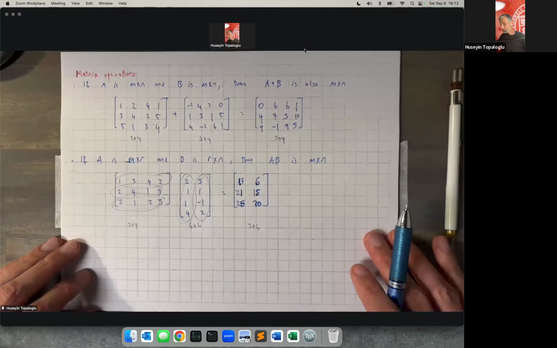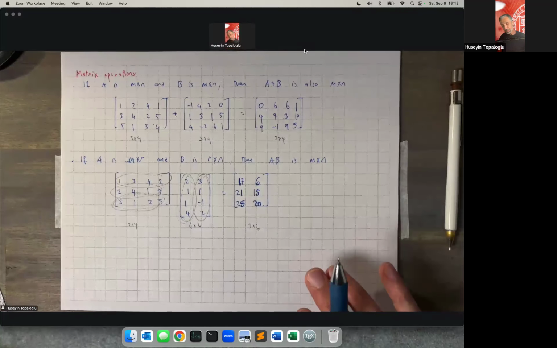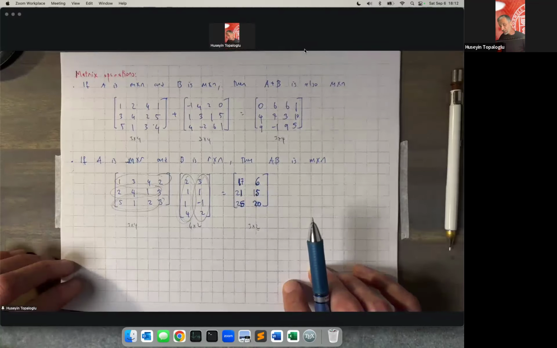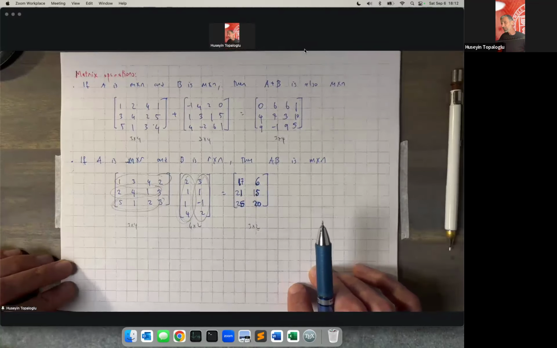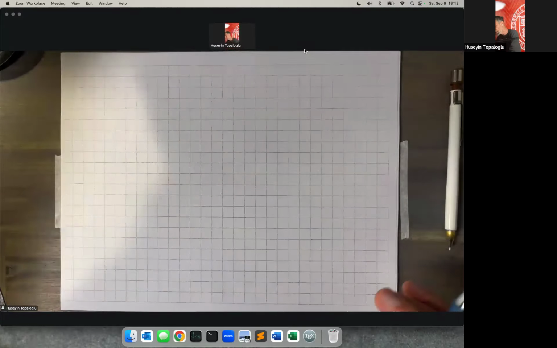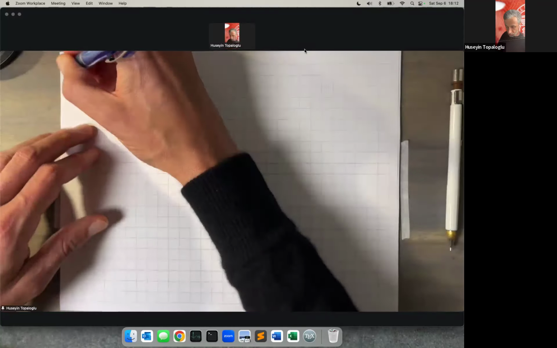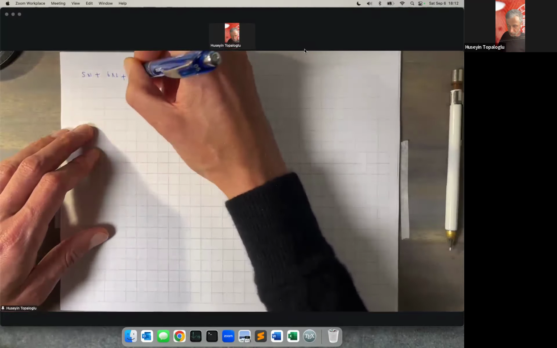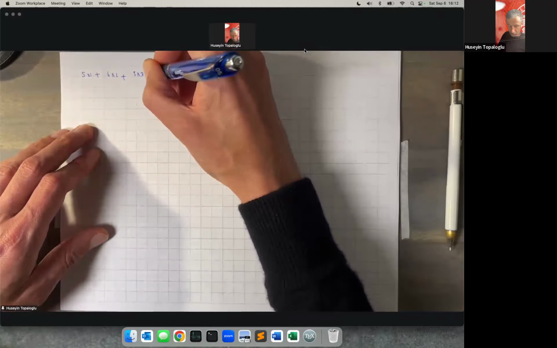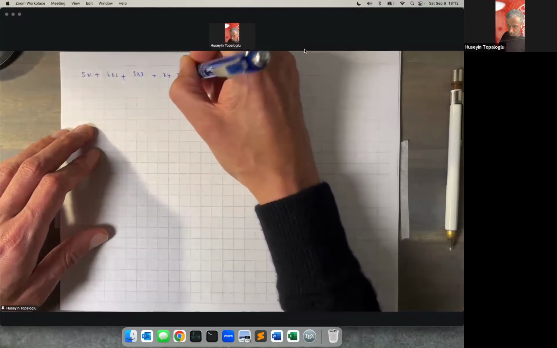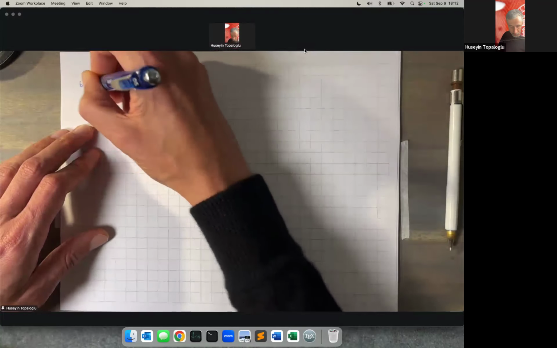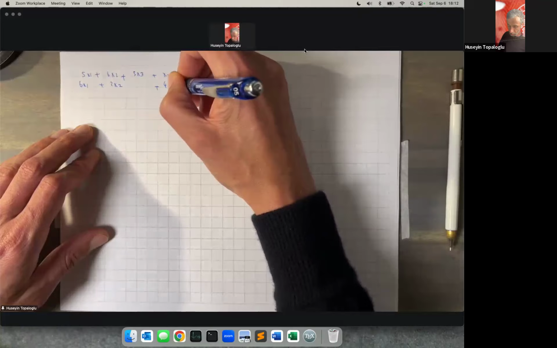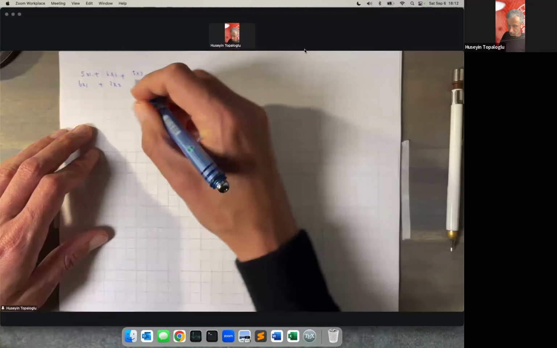And one of the useful things about matrix multiplication is we can use matrix multiplication to represent systems of linear equations. Let's remind ourselves how we can do that. Let's take a system of linear equations. 5x1 plus 6x2 plus 3x3 plus x4 equals 7. 6x1, 2x2 plus 4x4 equals 8.